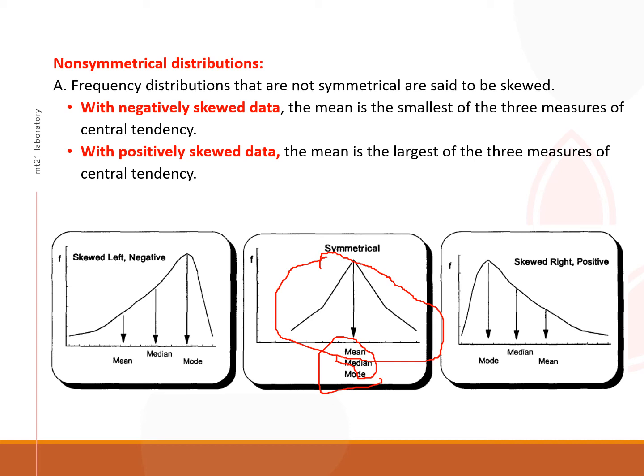There are times that the graph of your sample is positioned or skewed to the left. Once your graph is skewed to the left, it indicates a negative relationship. But if your sample is skewed or positioned to the right, it indicates a positive relationship.